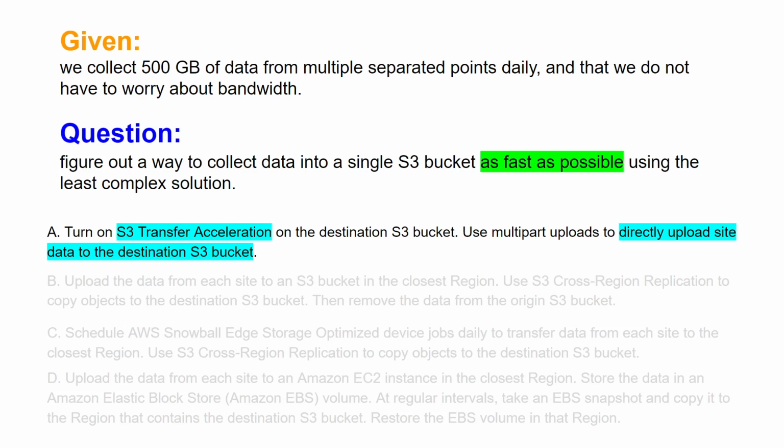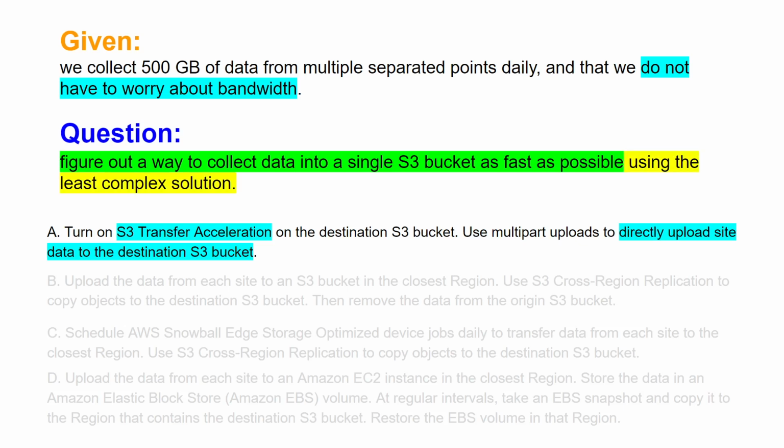Therefore, it also qualifies for the collect data into a single S3 bucket part of the question, while being fast due to us not having to worry about bandwidth. This tells us that this option qualifies as the correct answer, but we cannot choose it yet because we need to check the other options to see if this is the most operationally efficient method.